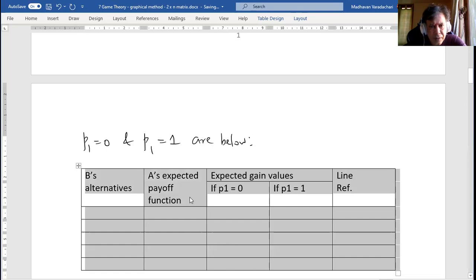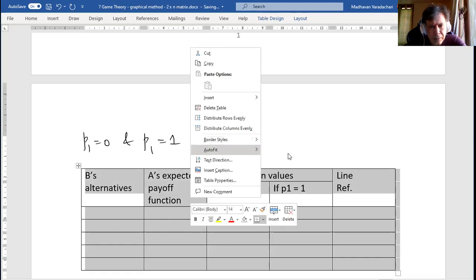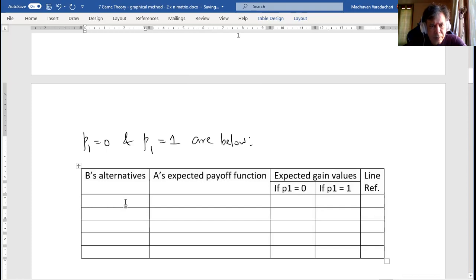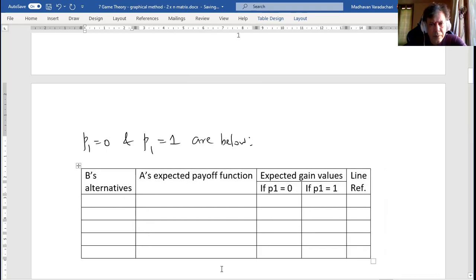Okay. So now we have 5 alternatives: 1, 2, 3, 4, and 5. Since we are going to draw 5 different lines, I will call them B1, B2, B3, B4, and B5. Line names, I'm giving a reference to that.